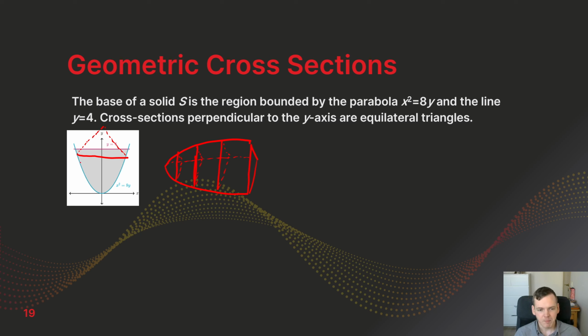So what we want to do is integrate, and we're always going to multiply area times thickness. The thickness of these slices is dy, because it's a delta y, a tiny, tiny change in y.